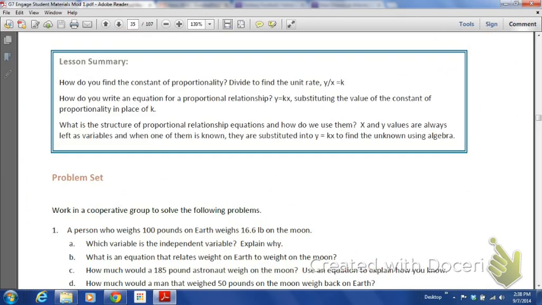Okay, and there are situations where in the real world we could use this y equals k times x relationship. For example, we talked about it before, this idea of distance equals rate multiplied by time.